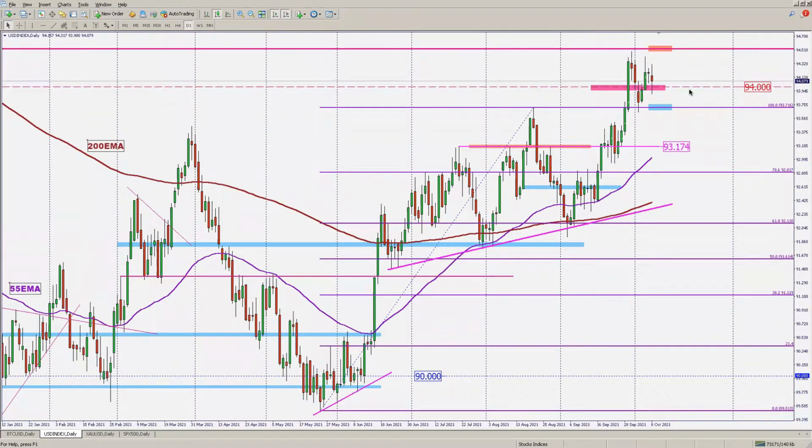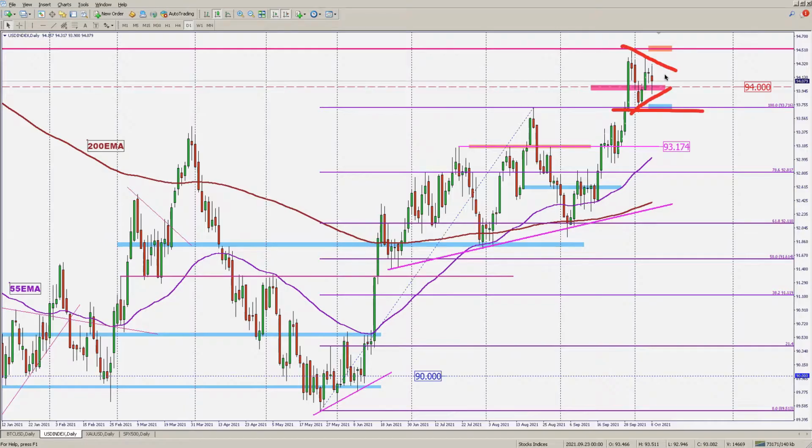At this 94 round figure. So now it's likely consolidating and it could be consolidating in a triangle here.